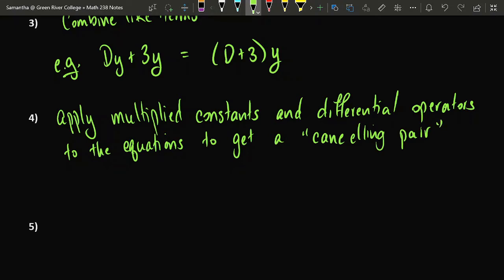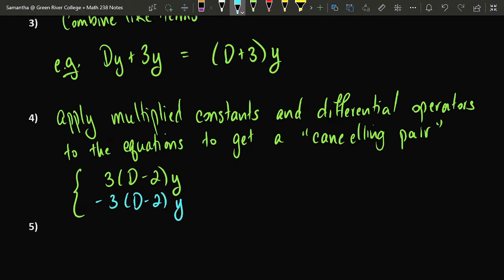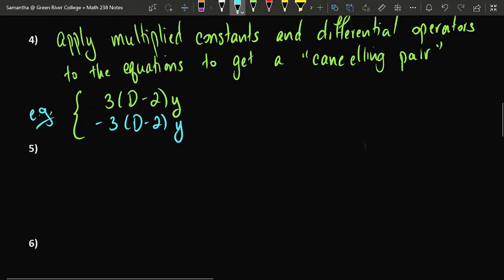For example, to get something like 3 times (D minus 2)y in the first equation and something like negative 3 times (D minus 2)y in the second equation, you want two terms in the equations which are complete opposites of each other, which would cancel out if you added them together. And then you're going to add these equations together so that that canceling pair will vanish.